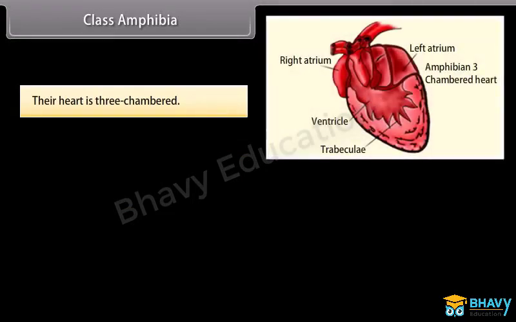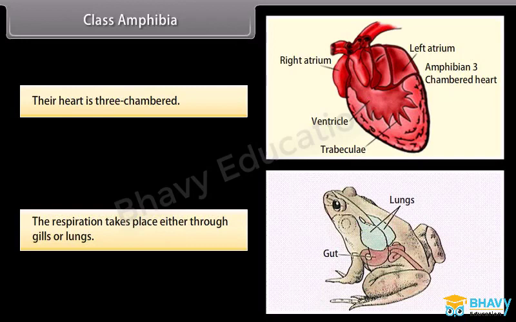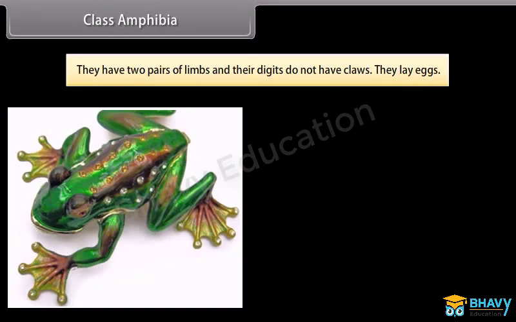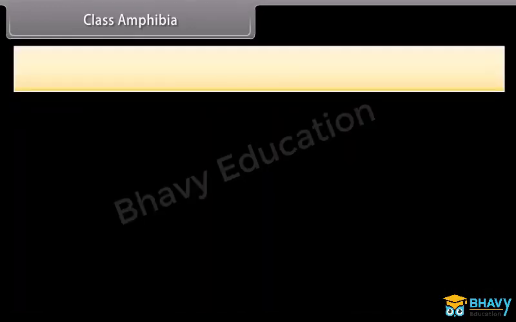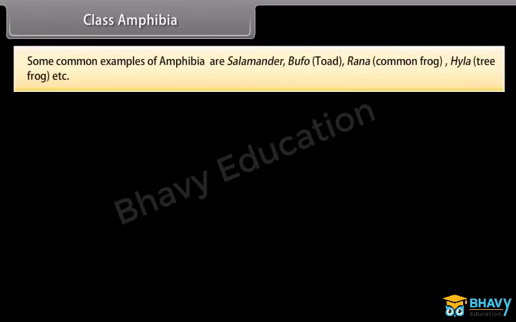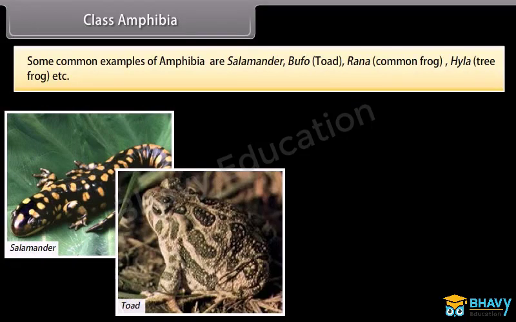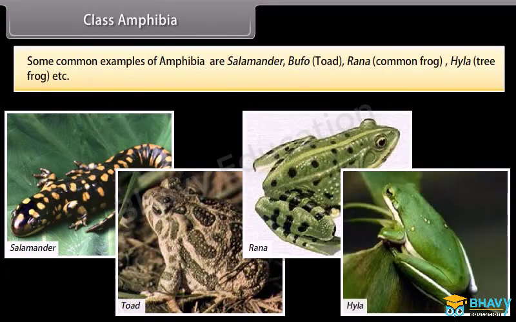Their heart is three-chambered. Respiration takes place either through gills or lungs. They have two pairs of limbs, and their digits do not have claws. They lay eggs. Some common examples of Amphibia are salamander, Bufo, toad, Rana, common frog, Hyla, tree frog, etc.